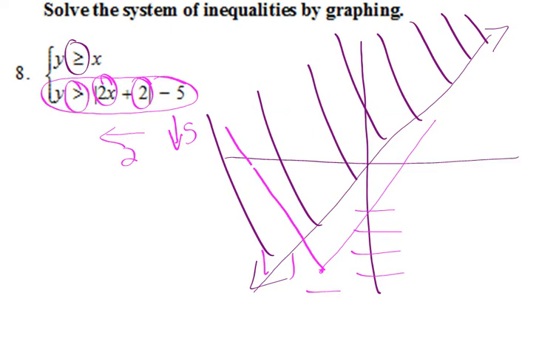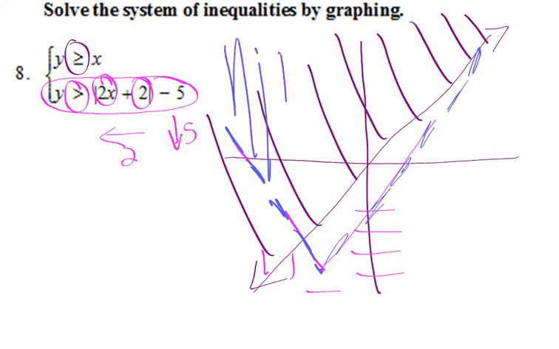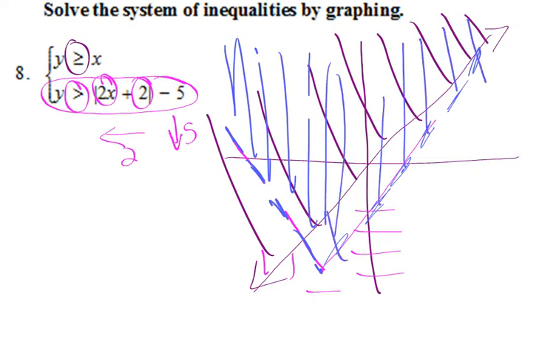Now it's greater than, not equal to, so we know it's going to be a dashed line. Let me rewrite this in blue. So it's going to do something like this. Right? And it's greater than, so it's shaded above. So where do they intersect?